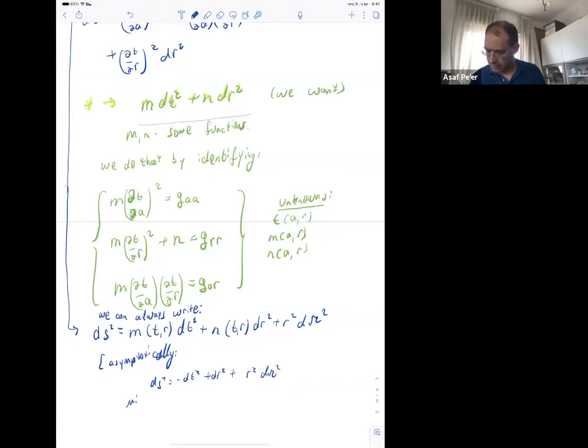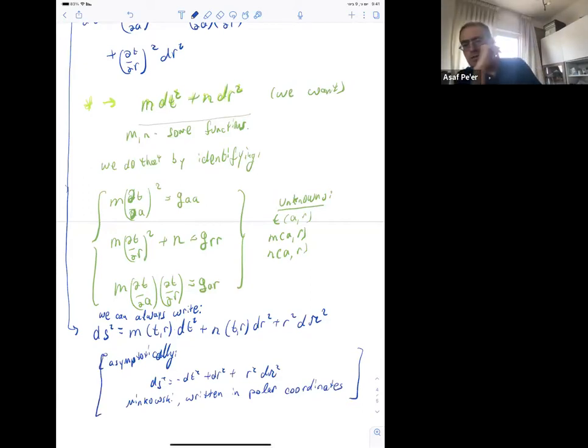The Minkowski metric written in spherical polar coordinates. So this is really our motivation for why we chose to multiply the d omega squared by R squared.